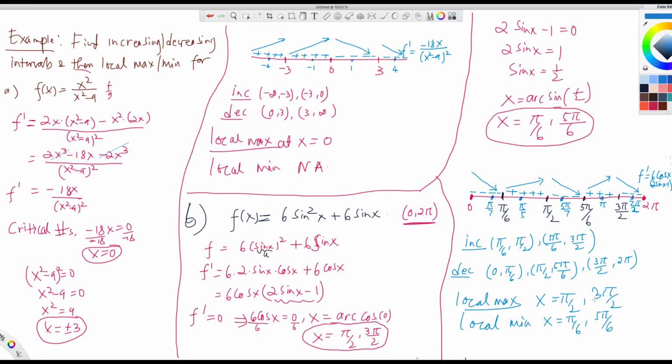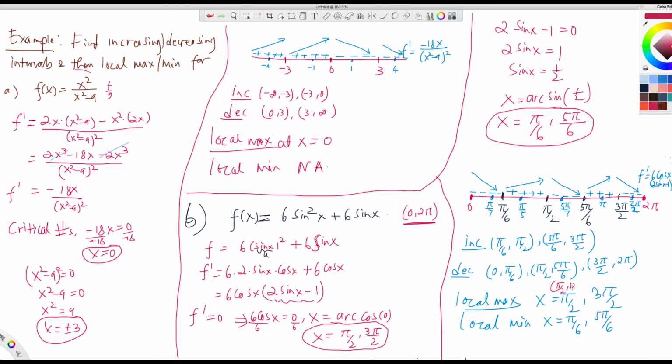Okay, so if you are asked to find the point form, what you do is plug pi over 2 into the original function. If you want to write in the point form, pi over 2 can be written as pi over 2 comma, and if you plug in pi over 2 in the question, what do you get? 6 sine squared pi over 2 is 6 times 1, plus 6 times 1 is 12.